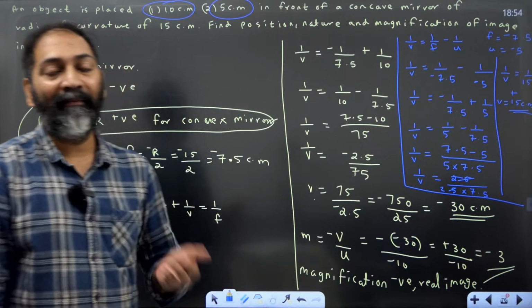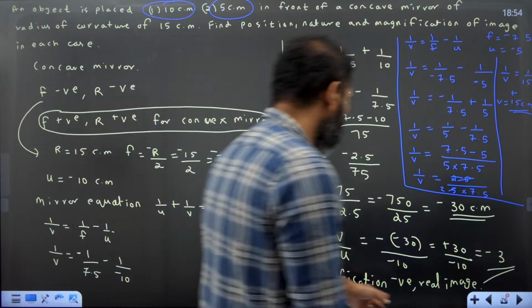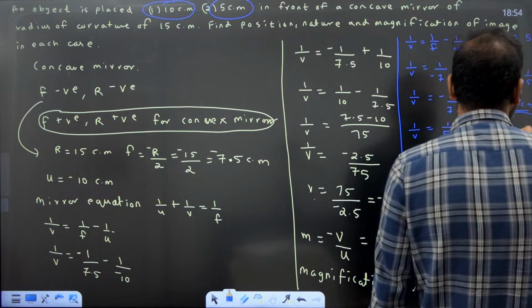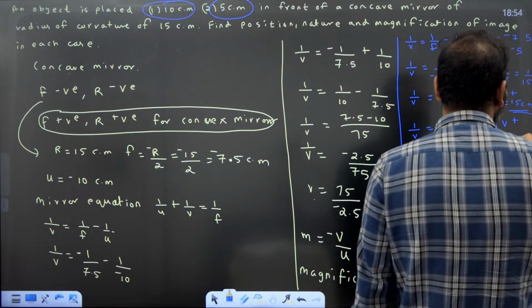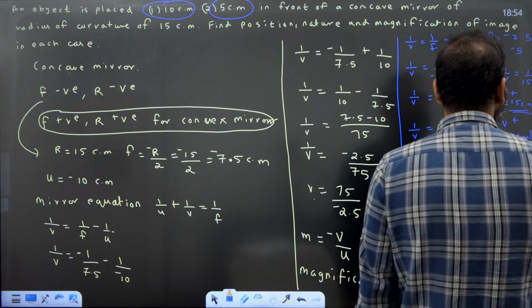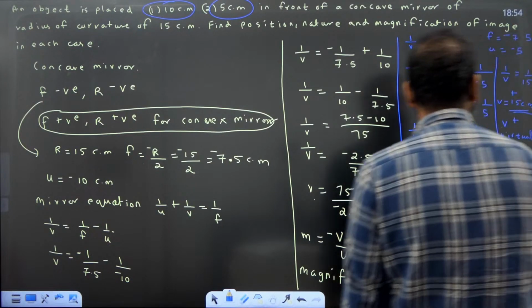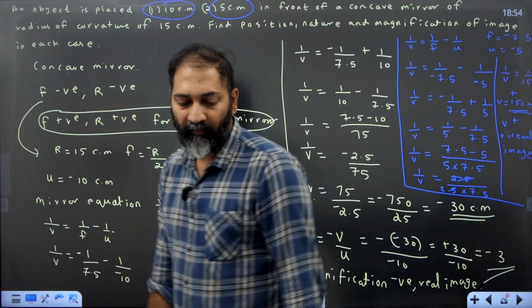So when the image distance is positive, the image is virtual. In the first case it was real, but here the image distance is positive, so what image? Virtual image. Image distance positive means virtual image.